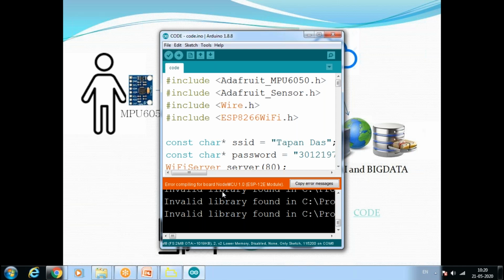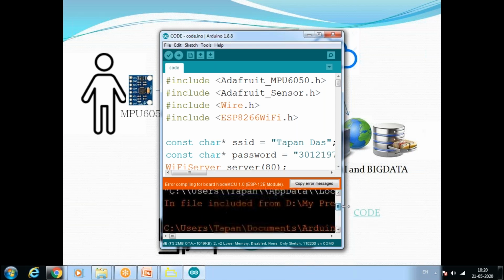Error compiling for the board NodeMCU. Now the problem is in this include file. Just a minute, let me check why it is giving the problem.